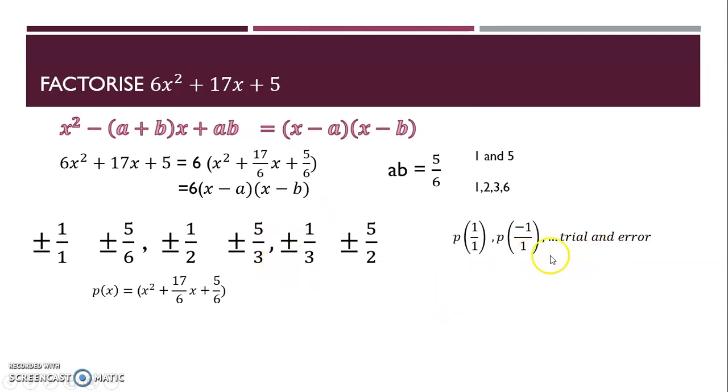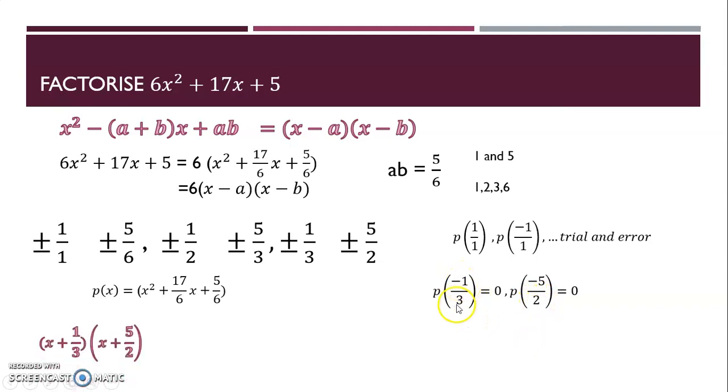It generally takes a lot of time. But in this problem the first four options are wrong. So when we move to p(−1/3), we'll get p(−1/3) is 0 and p(−5/2) is 0.